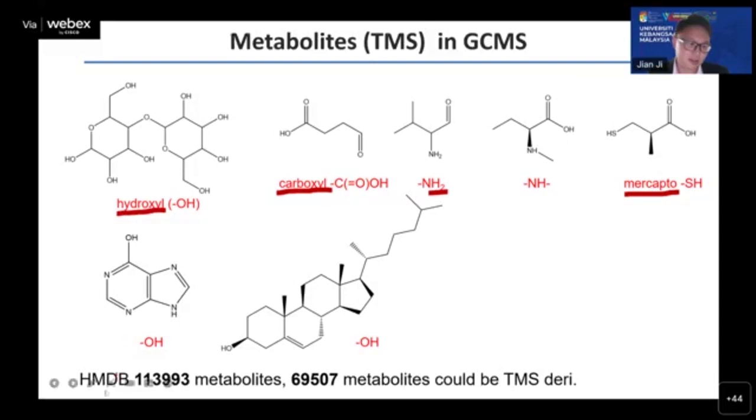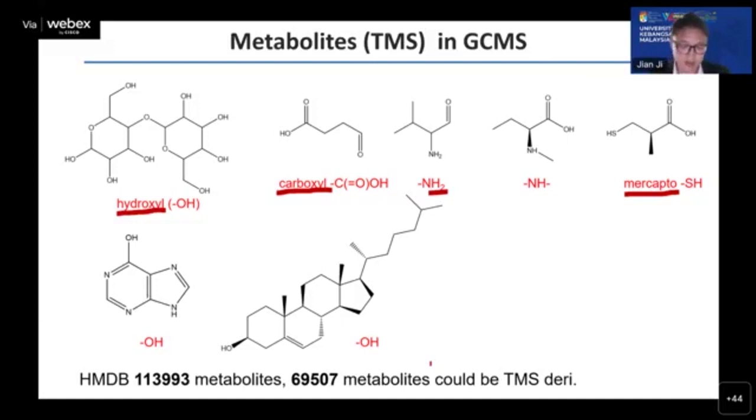So let's see that in the HMDB library, we have more than 100,000 metabolites, but only around 70,000 metabolites could be TMS derivatized. Which means more than half of them cannot be derivatized, so they cannot be detected in GCMS.